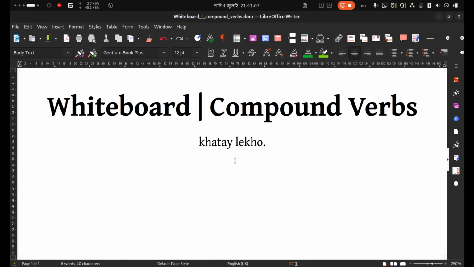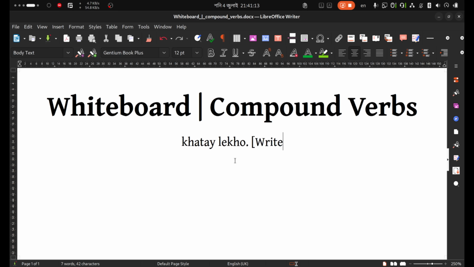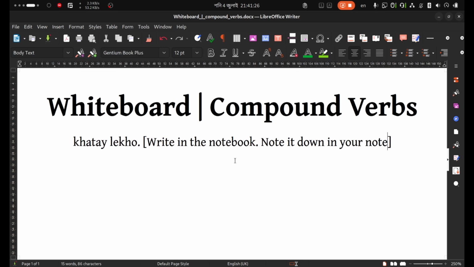I could have also said it like that, khataye lekho. That would simply mean write in the notebook, or note it down in your notebook.